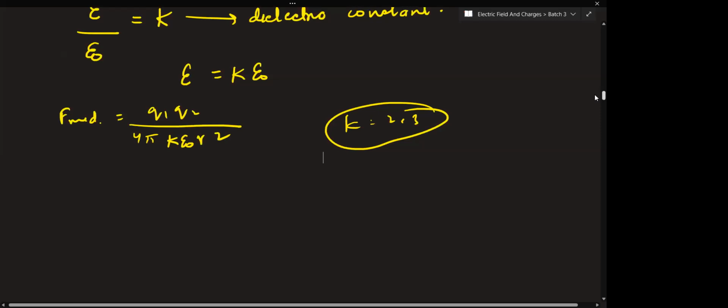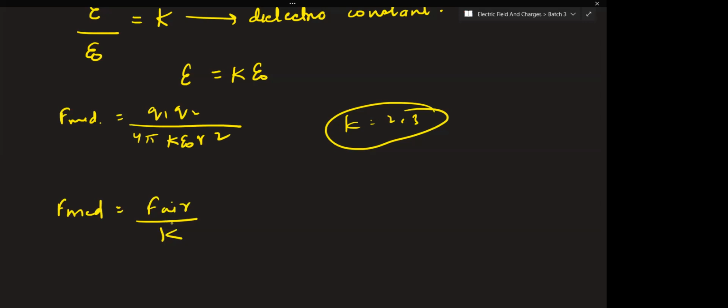Now see, if F medium is there, Q1, Q2, 4 pi epsilon naught R squared, this whole is the force in air only, no? Divided by K. So this is a shortcut that you can use. If I tell you the force in air is 6 Newton and the dielectric constant is 2, simply say the force in the medium will be 3 Newtons.